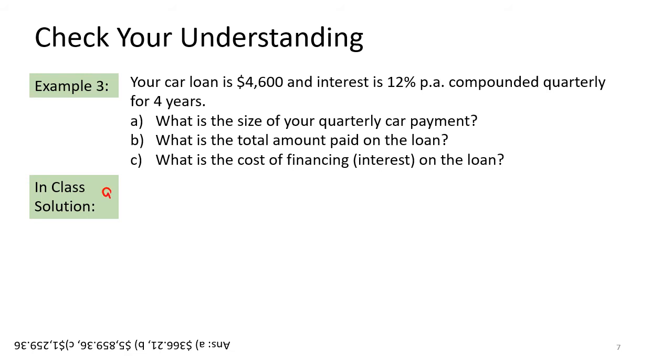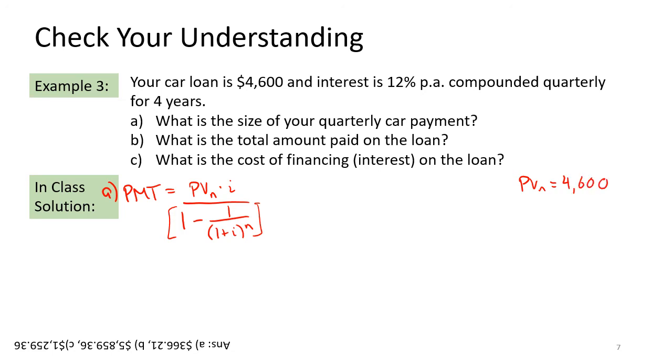So part A, okay, we want the payment. So our payment, again, is equal to our present value times our periodic interest rate, divided by 1 minus 1 divided by 1 plus the periodic interest rate to the exponent n. And again, I'll do my sidebar over here. So your present value of your loan is $4,600.